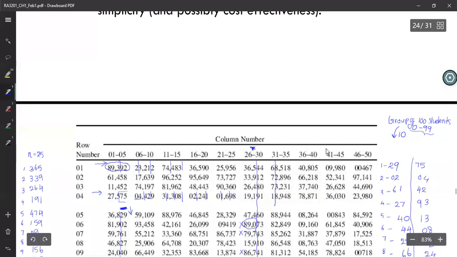Okay? Is this clear to all of you? Any other questions? Okay. Right, so this is how you use the random number table to get a sample.